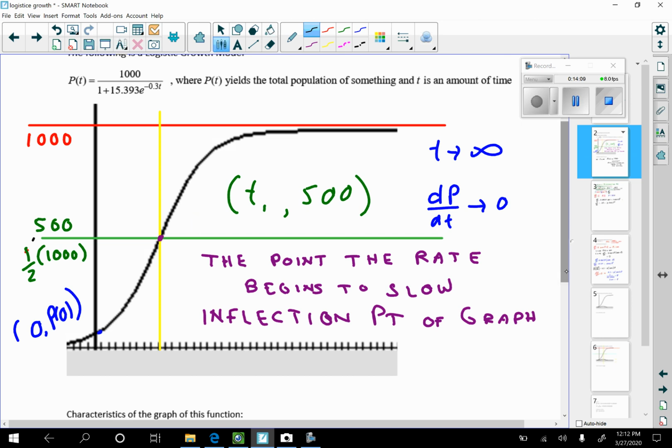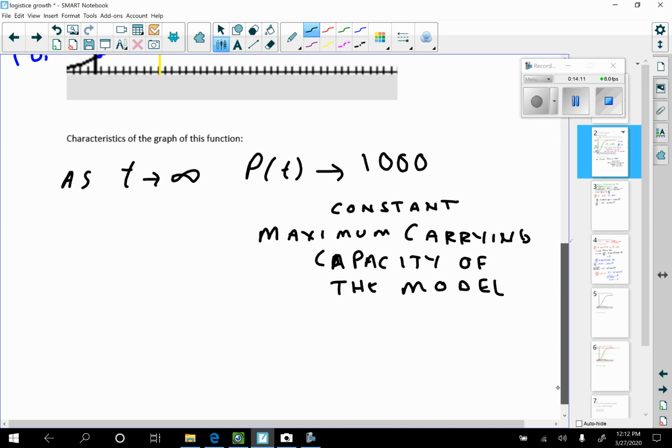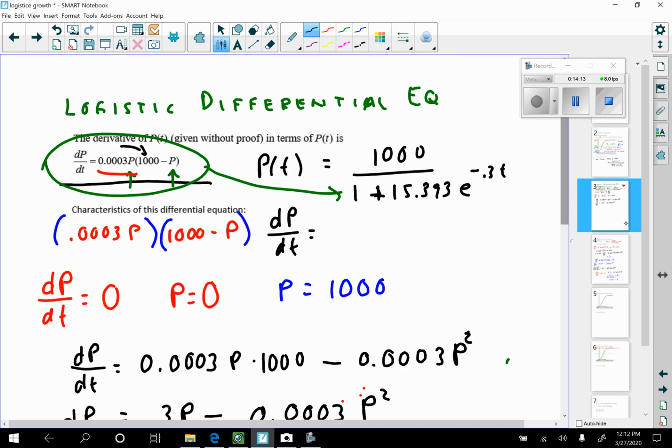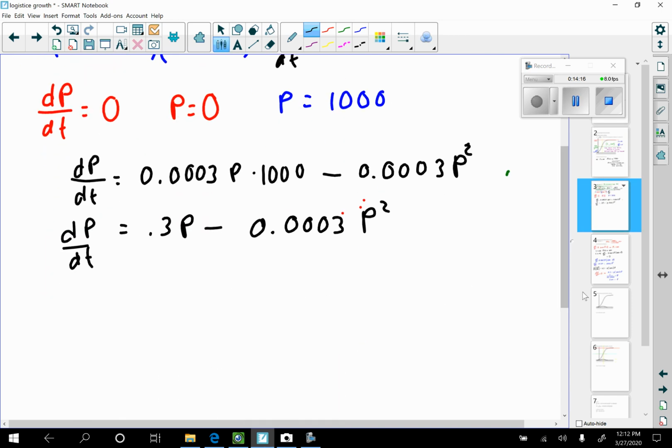So this derivative better have a maximum point somewhere. And it does indeed. This is a quadratic, and the leading coefficient is negative. So the graph of dP/dt is indeed going to have a maximum point just by the nature of the algebra behind this equation.